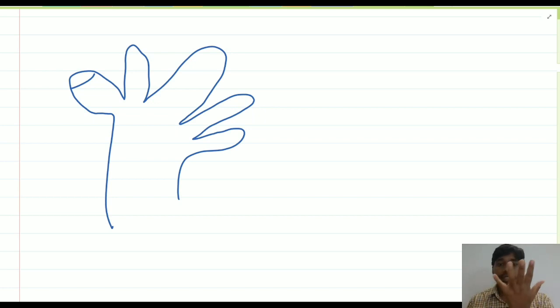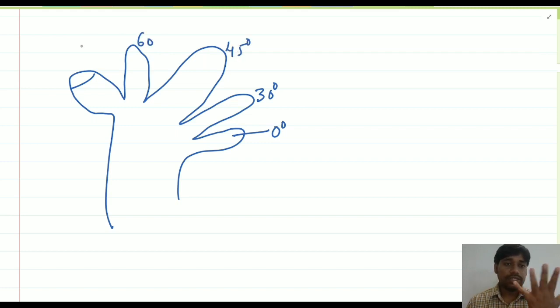Is it clear? So in this, the small finger represents 0 degrees, next 30 degrees, next 45 degrees, next 60 degrees, and 90 degrees. So we are discussing trigonometric ratios for specific angles.